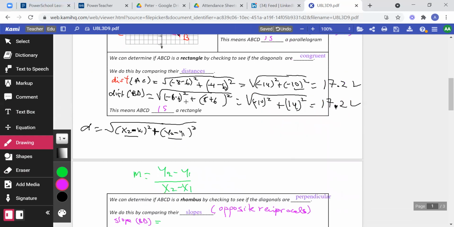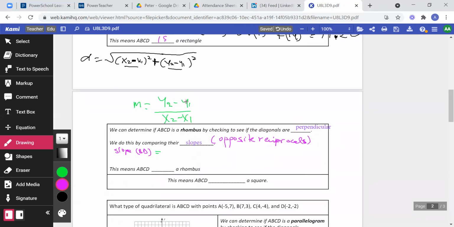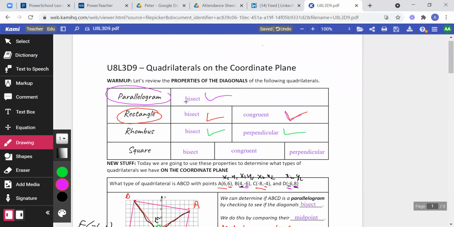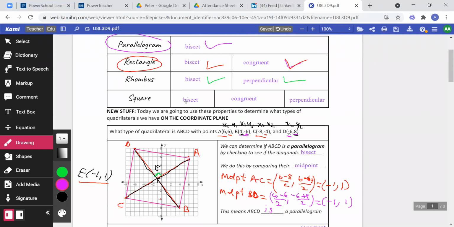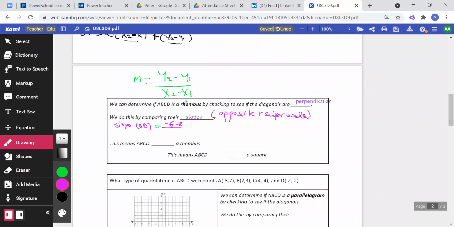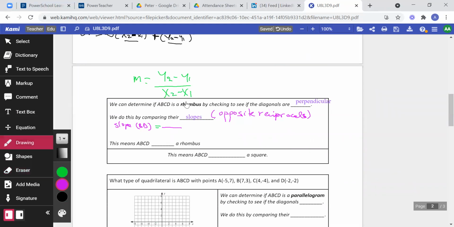So it will be -6 minus 8 over the X component at B and D, 4 minus 6. When you're calculating slope, you have to go from the last letter to the first letter.